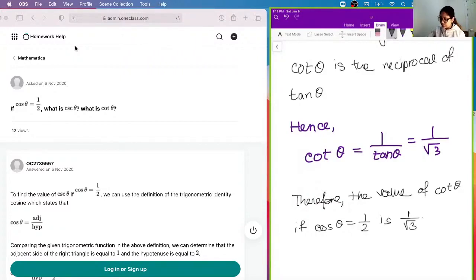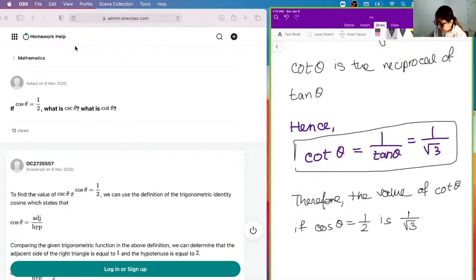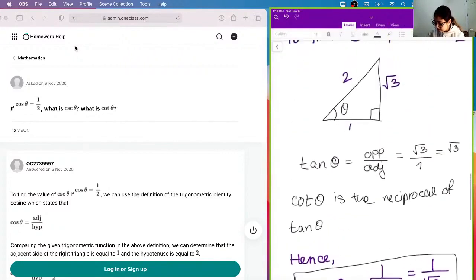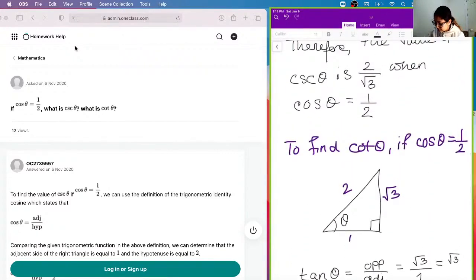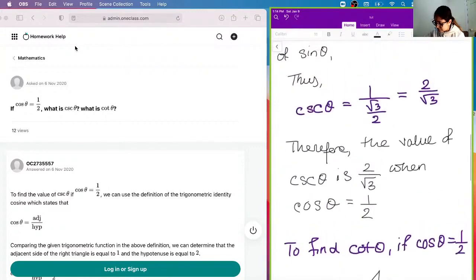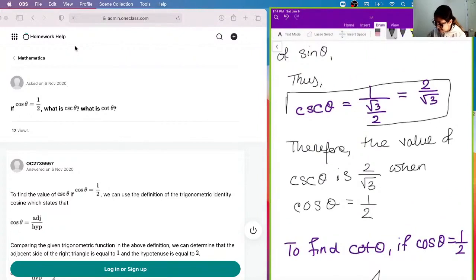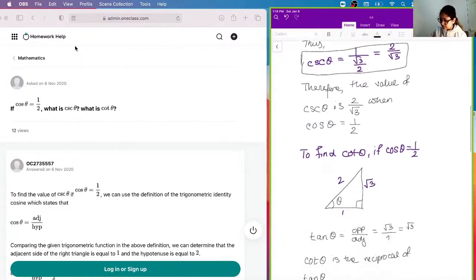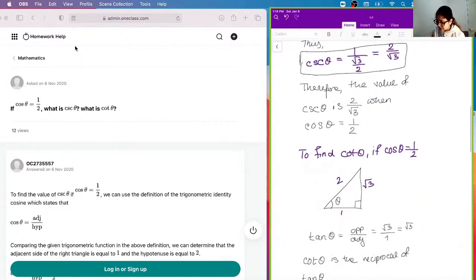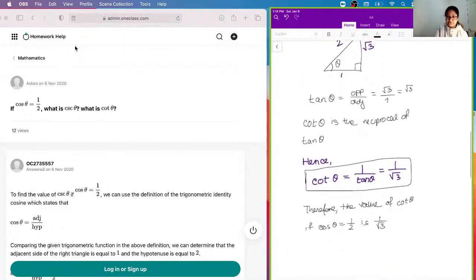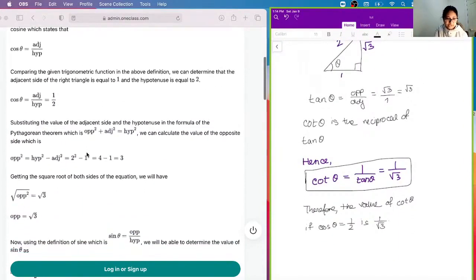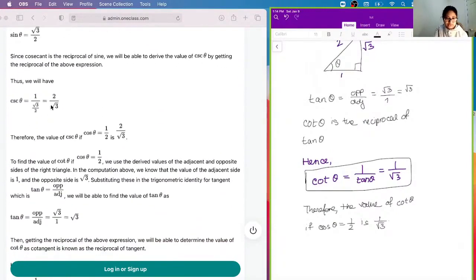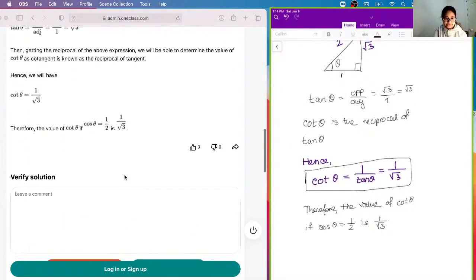We found the values for cotangent theta and cosecant theta. These two were our answers: 2 over root 3 and 1 over root 3. So this is correct.